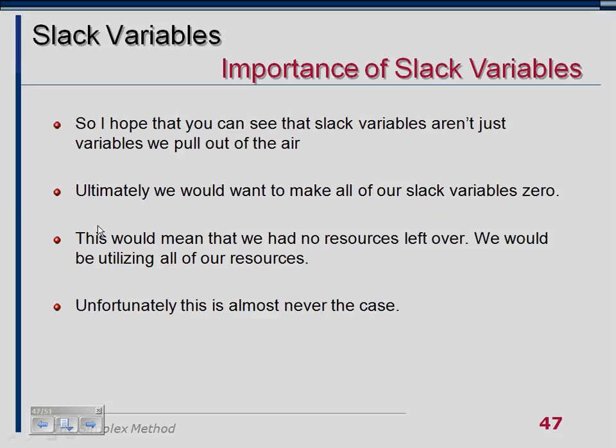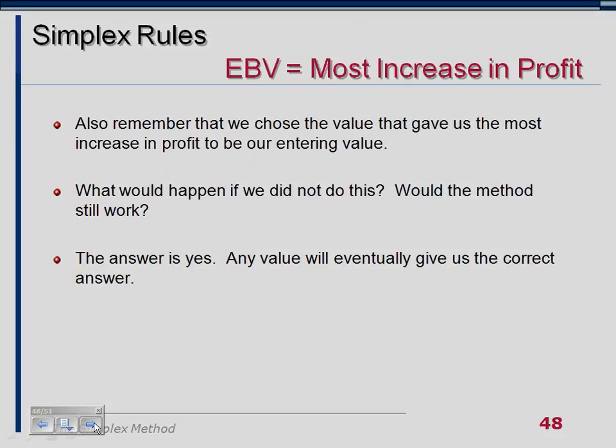Okay? Now, also remember that we chose the value that gave us the most increase in profit to be our entering value. Remember that? We first chose X1 because it had a 60 in front of it. So the question is, what would happen if we didn't do this? What if we just randomly picked an entering variable? Would the method still work? And the answer is yes.